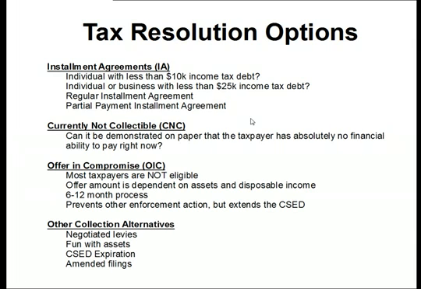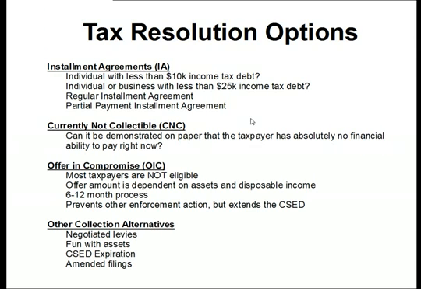Okay. When it comes to negotiation for an offer in compromise, what we're negotiating is actually the inclusion or exclusion of assets and the inclusion or exclusion of income and expenses. That's what actually ends up being negotiated on the taxpayer's behalf.